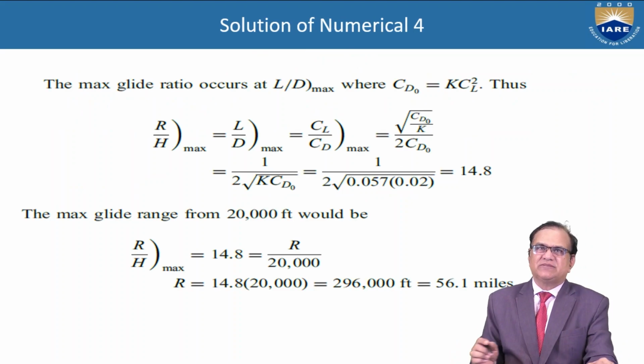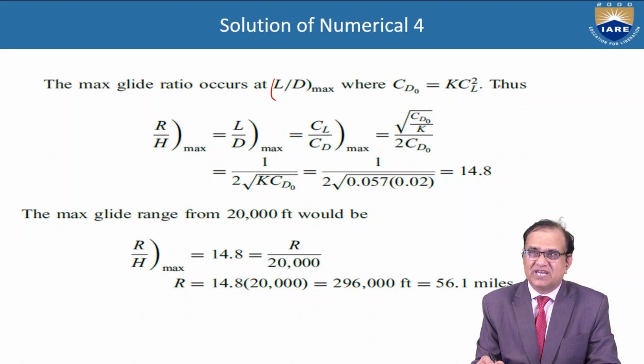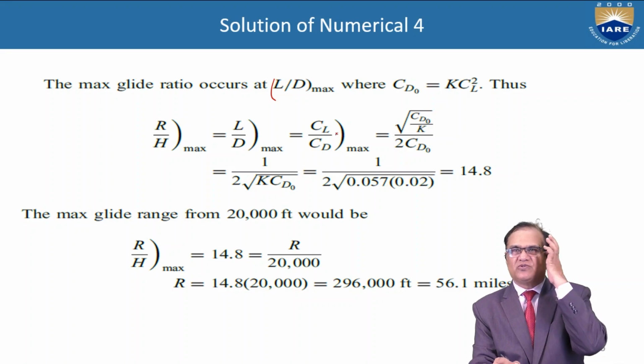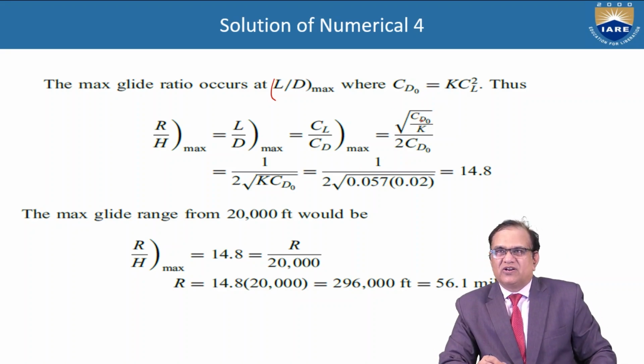So the maximum glide ratio occurs when L by D is the maximum, where CD naught is equal to K CL square. Thus R by H maximum, that is L by D maximum, is equal to CL by CD maximum. And we know the CL is equal to under root CD naught by K, by 2 CD naught.